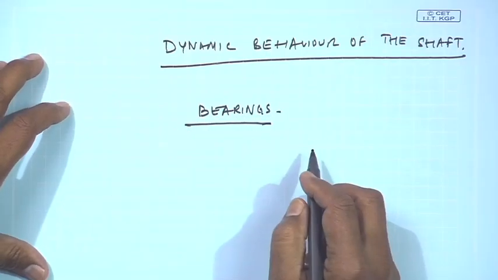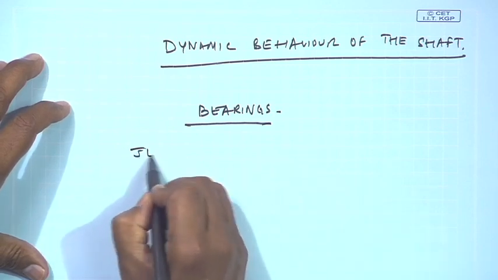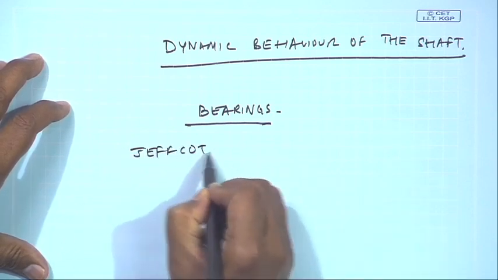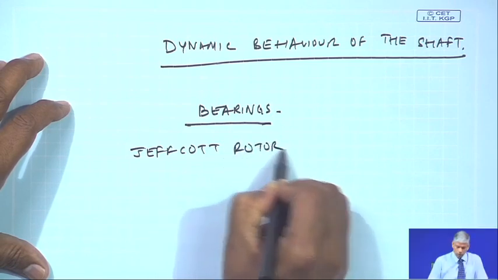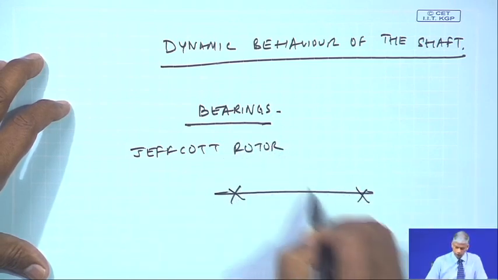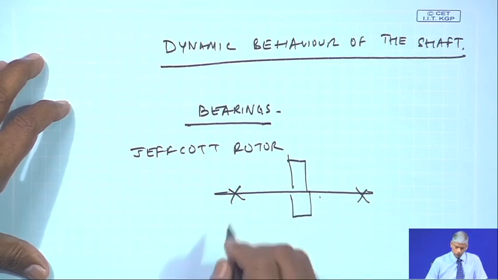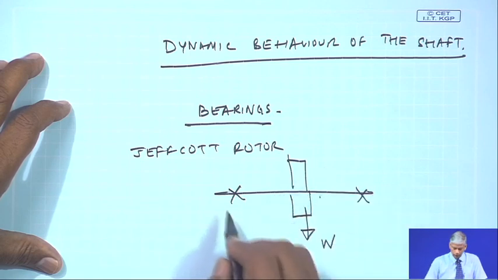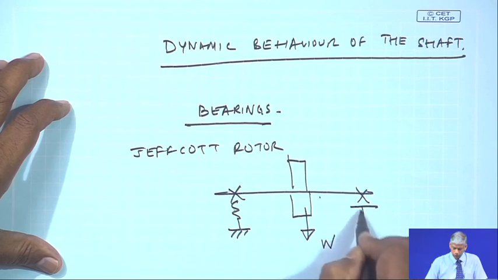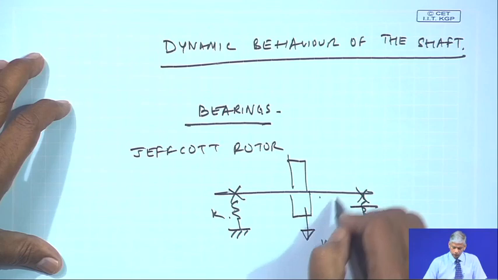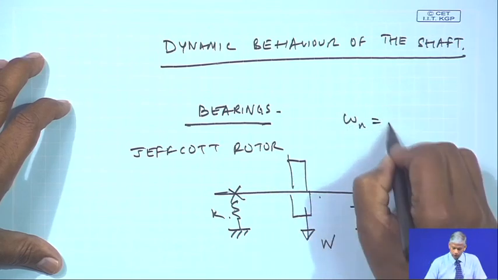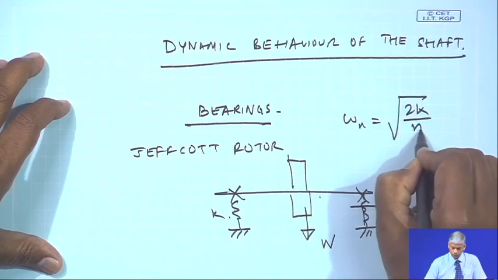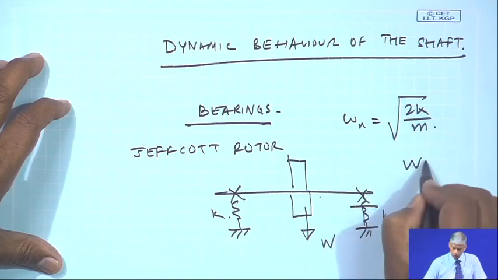and there are many simple models to study this, and one is a simple Jeffcott rotor, which is nothing but a shaft supported on bearings carrying a disc. If you think of this shaft which has a load W acting, supported on some stiffness, because these bearings give a certain stiffness K, the natural frequency of this system, omega n, is nothing but, in this case, square root of 2K by m, where W is equal to mg.